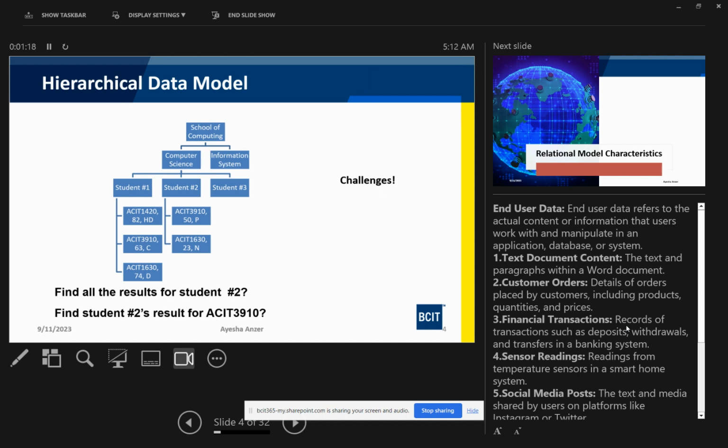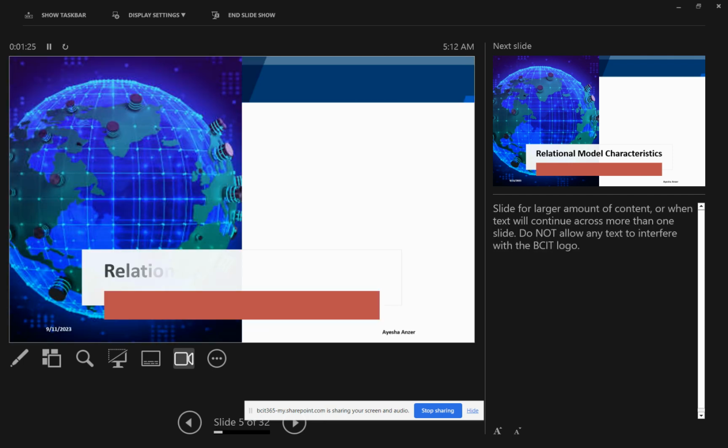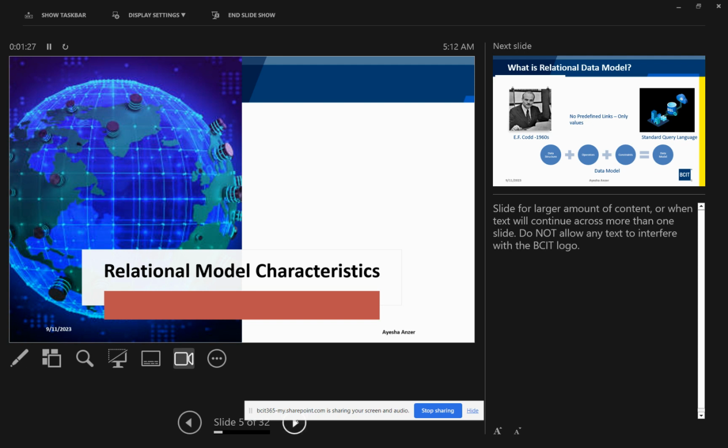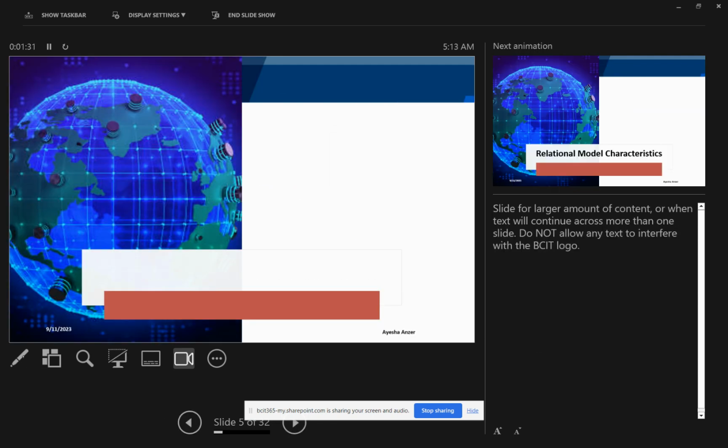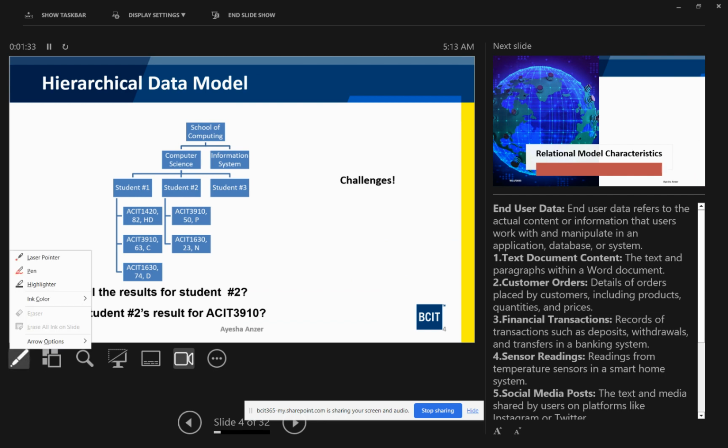You can see here it is more like a hierarchy, which means it consists of certain levels. It is a top-down approach, starting from the top and going to the end.